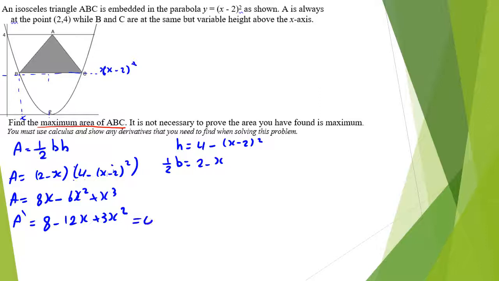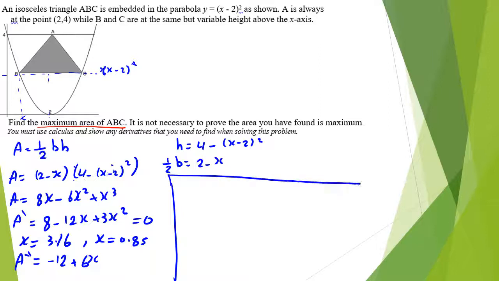Now make it equal to 0. You will end up with two values of x: 3.16 and x equals 0.85. Now we need to find which one of those values gives me the maximum area. So I will double differentiate. And now I will substitute, just continue on this side here.